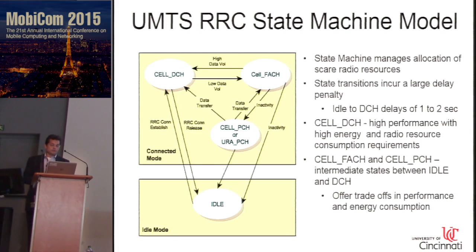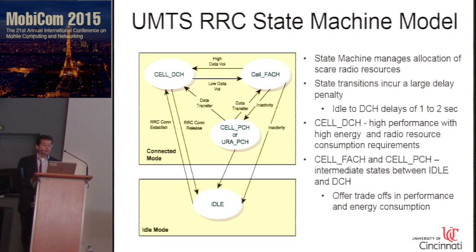While in the DCH state, the mobile device is transmitting continuously on dedicated control and data channels, and the mobile receives continuously on the high-speed downlink shared channel. This state has high radio resource requirements and high power requirements. FACH is an intermediate state which uses low bandwidth shared control and data channels.